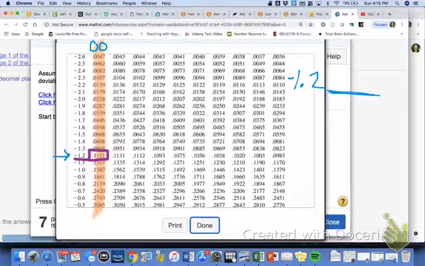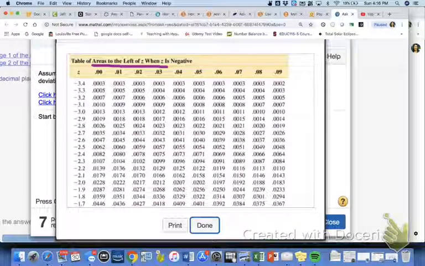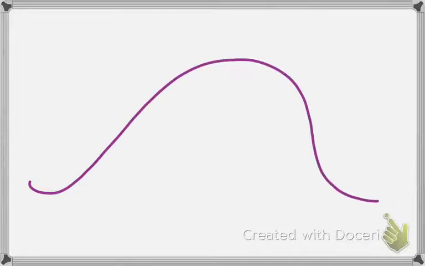And I've got 0.1151. Now, what does that 0.1151 tell me? It tells me the area to the left of the z-score. So, on a normal curve, again, here was that z-score of a negative 1.2.